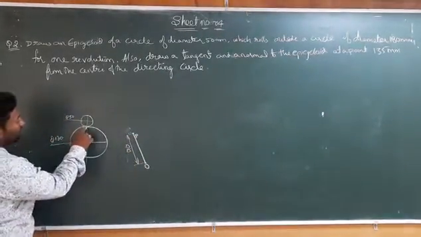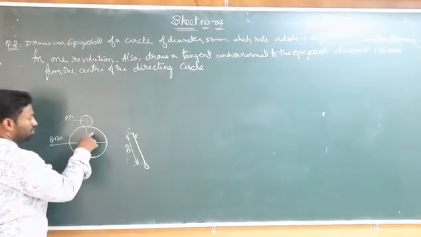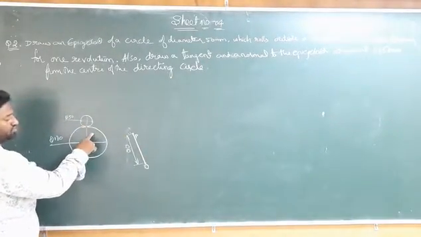Whatever the angular distance covered by the smaller roller on the bigger one for one complete revolution, we have to find out.